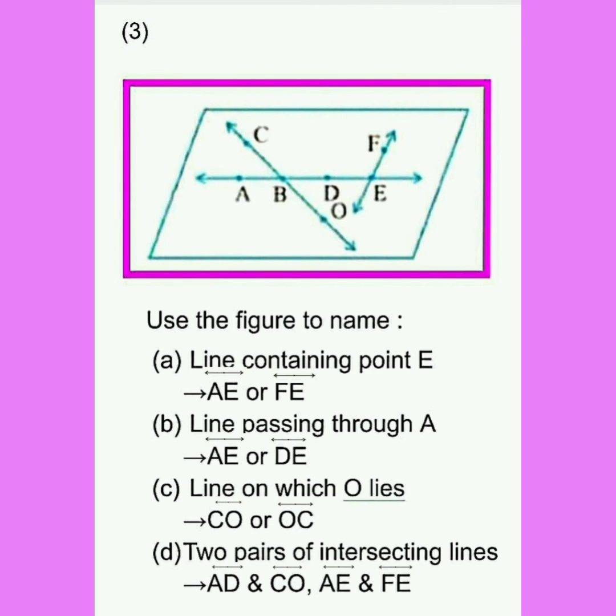Line on which O lies: O lies on CO or OC. Two pairs of intersecting lines: we can write AD and CO, and the other pair will be AE and FE.